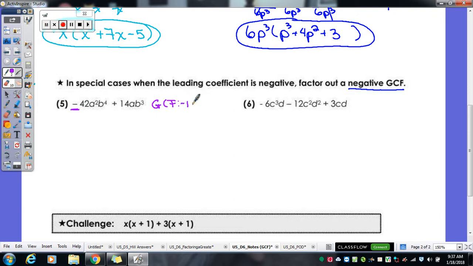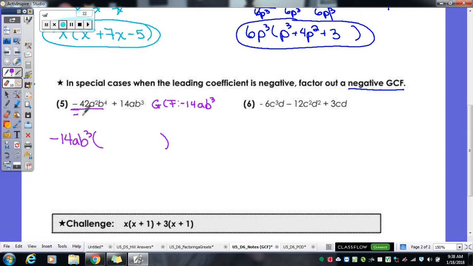So my GCF is going to be a negative 14. And then how about for the a's? A to the what? First, because my lowest exponent there is a 1. And then b to the third. So negative 14ab to the third.